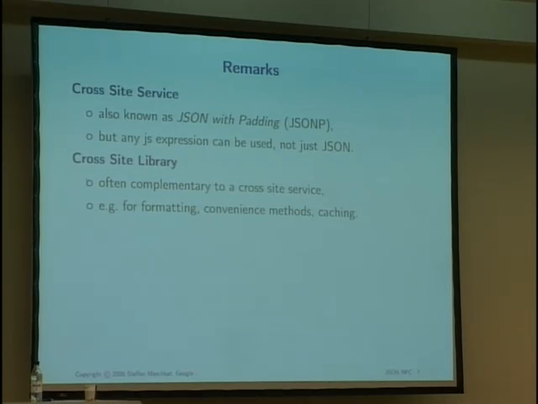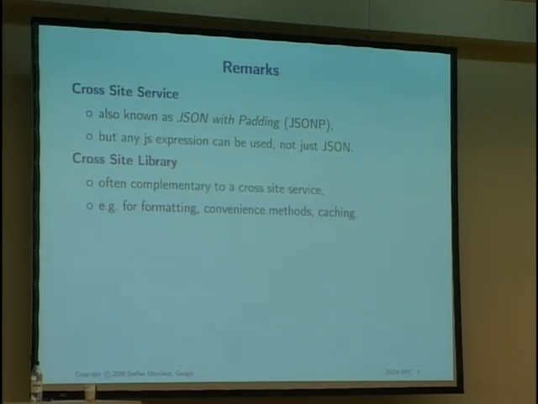However, very often it is convenient to think of a service as a programming interface, an API. This can be very easily achieved by combining a web service with a cross-site library that effectively implements the wire protocol of the web service and exposes it as an API, that is, as an object that has methods which you can call on this object.